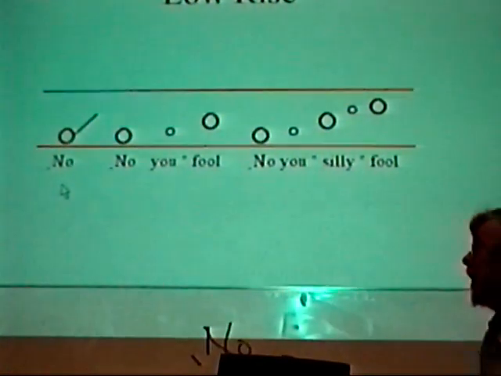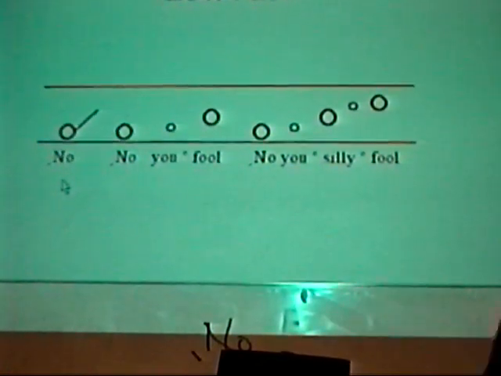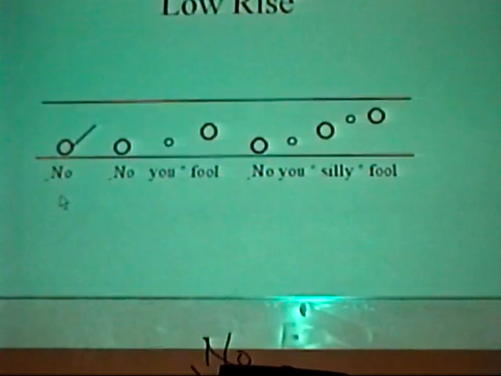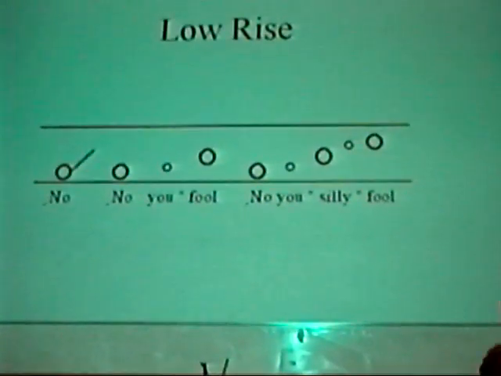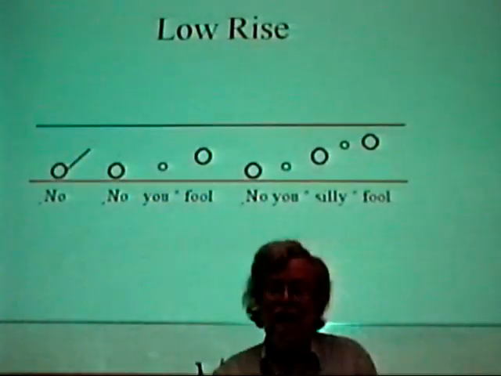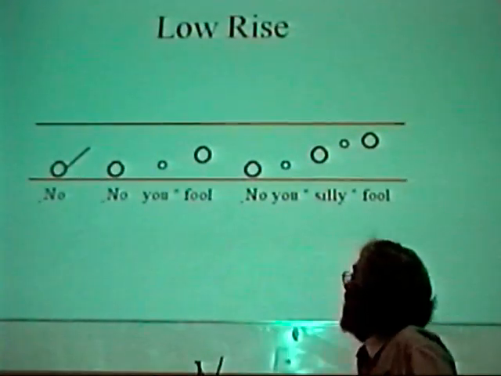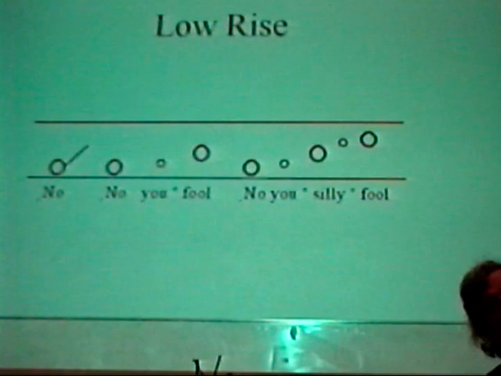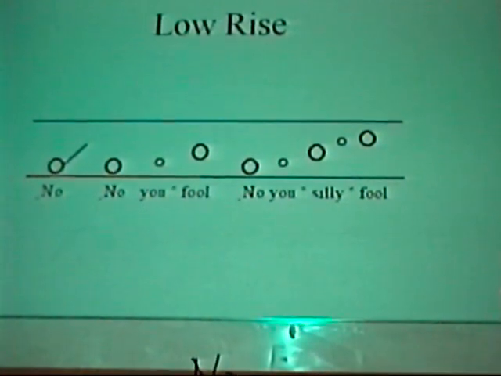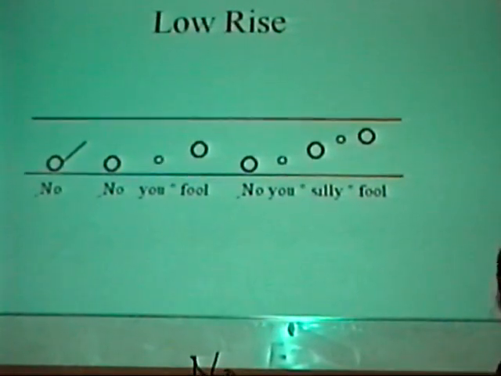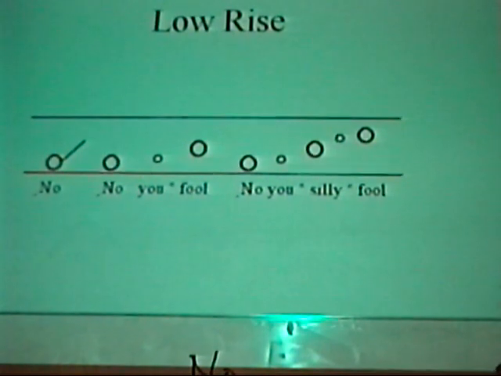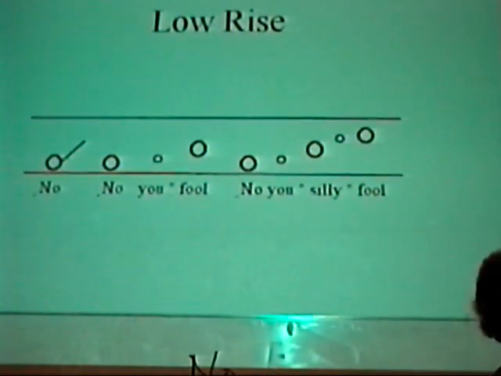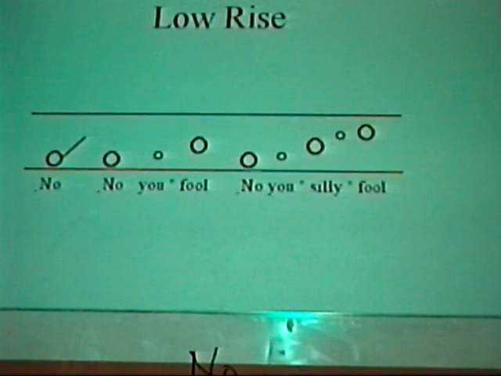We haven't got a tail. We've got to complete the rise during that syllable. So, no, no, no. But when there is a tail, the nucleus itself doesn't rise very much, as in the second phrase. The rise takes place through the tail. So, no, you fool, no, you fool. And in the final one, no, you silly fool, no, you silly fool. Okay, so that's a low rise.